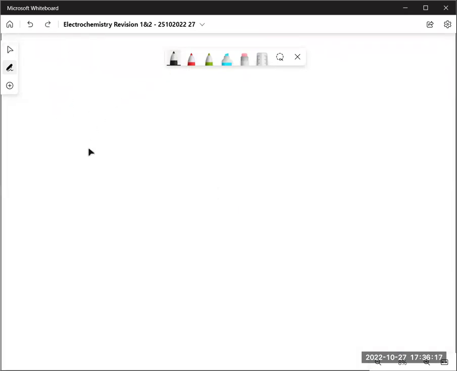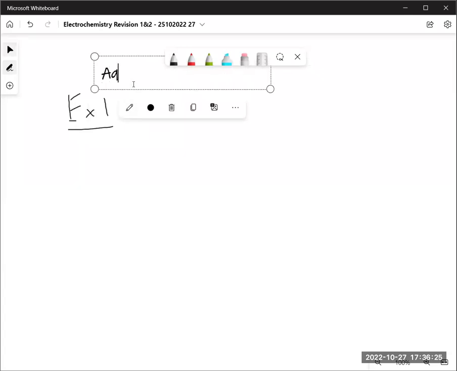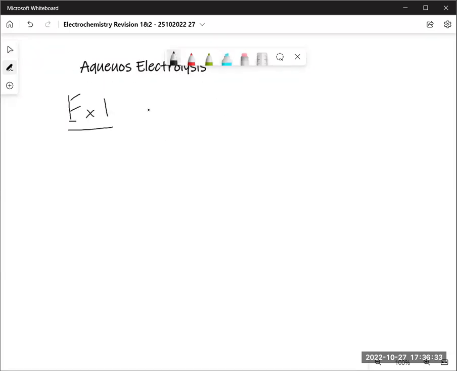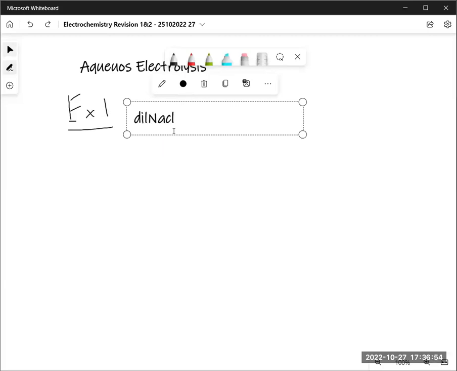Example number 1. First example, let's take LiSO4. Or instead of that, let's take NaCl, which is dilute NaCl.